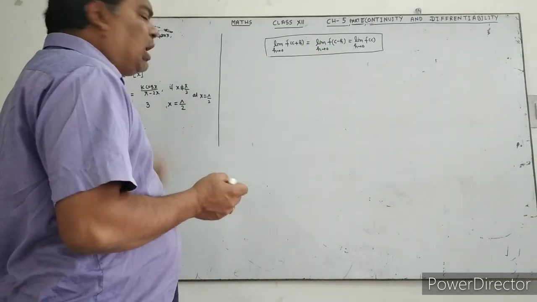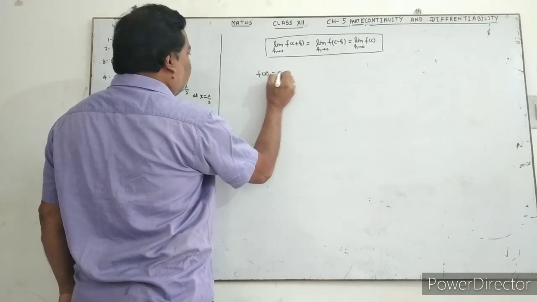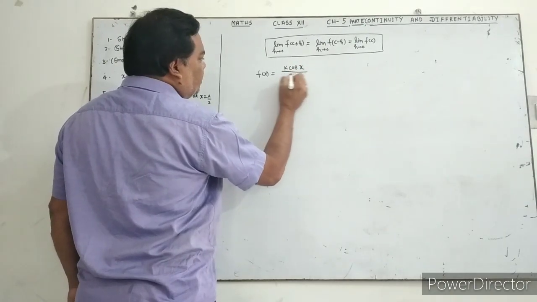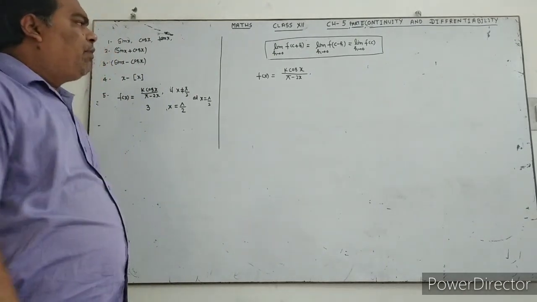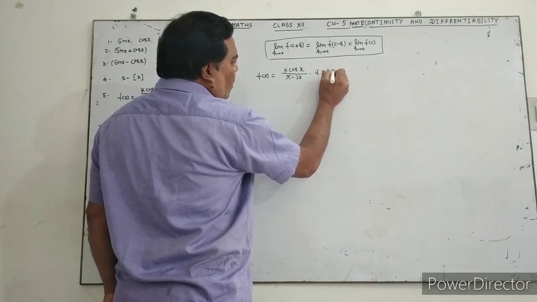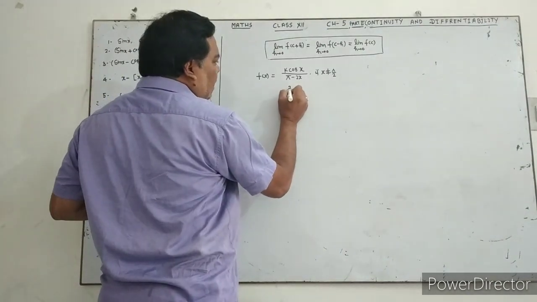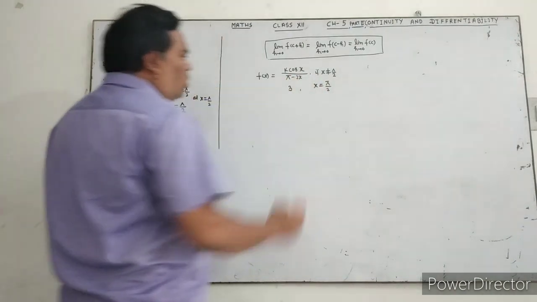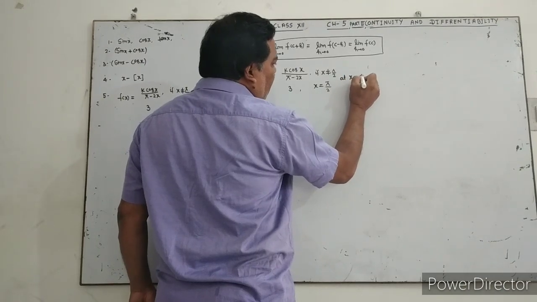The function f(x) is given: k cos x divided by pi minus 2x if x is not equal to pi by 2, and 3 if x is equal to pi by 2.